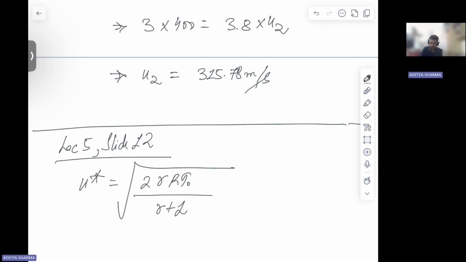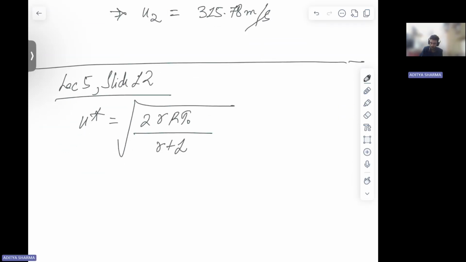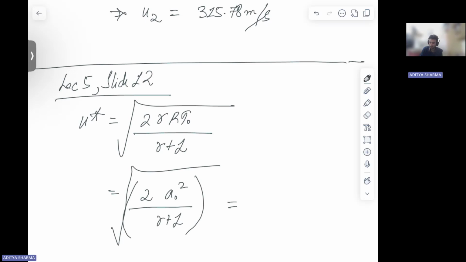Okay. Now gamma RT is basically A naught square. So your A naught will be then outside this root.